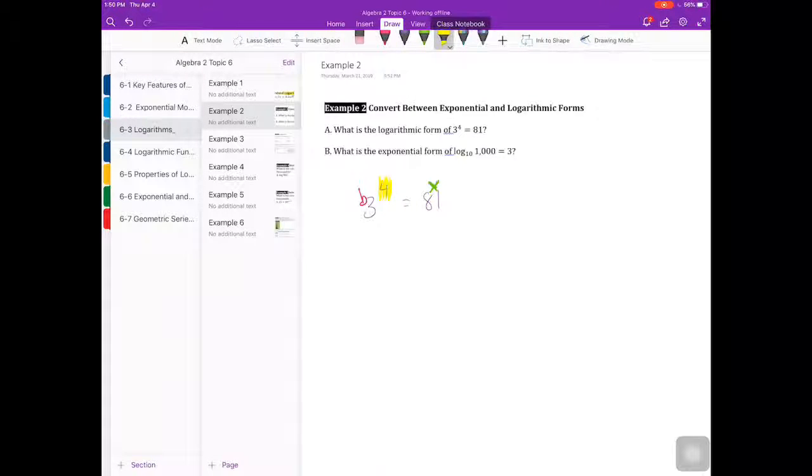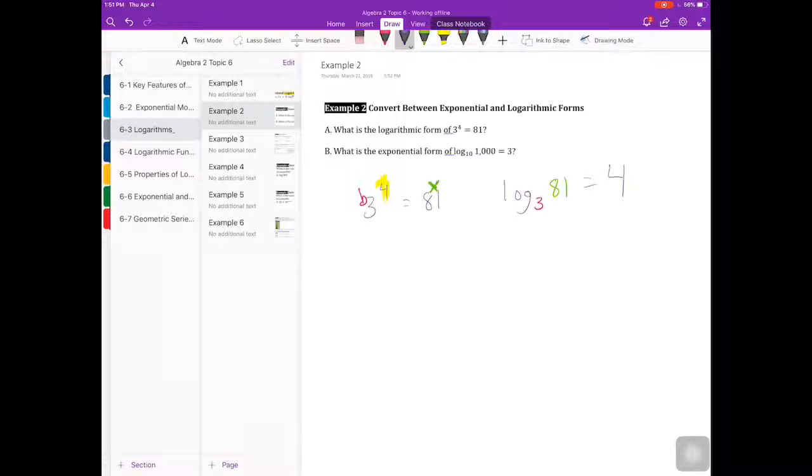I'm trying to color code this for you guys. So we're going to have log base b of x equals, and then we put our 4 over here.